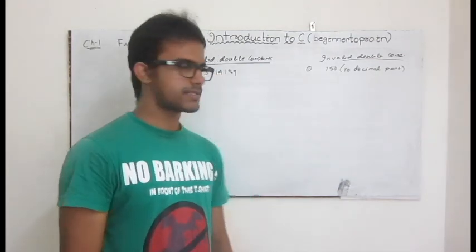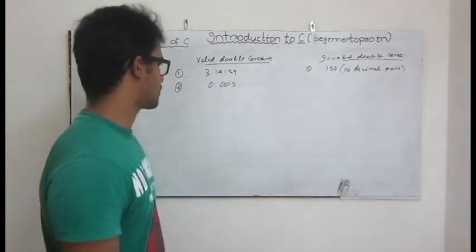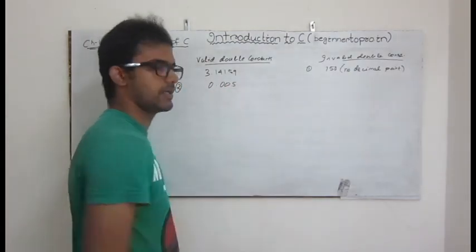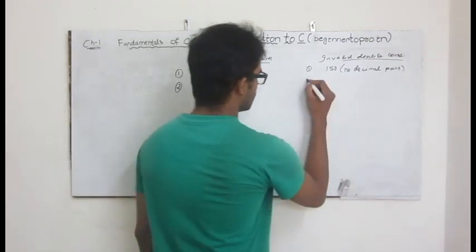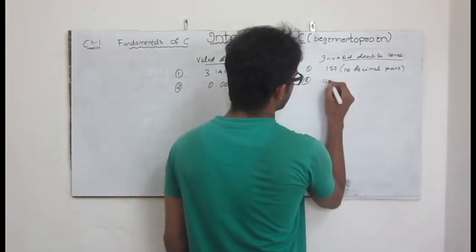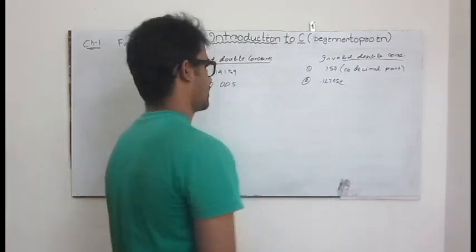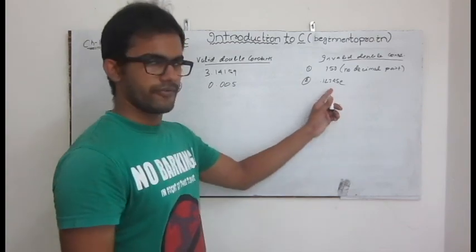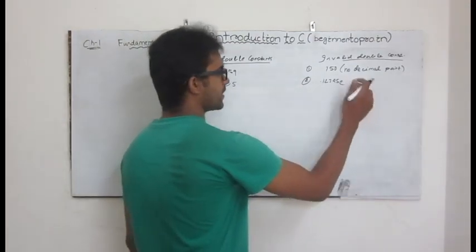Now the example is, let's say, 0.005. It is also a valid one because the decimal point is present. And on the other side, 12345e. It is invalid. Why? Because the value for the exponent is missing.